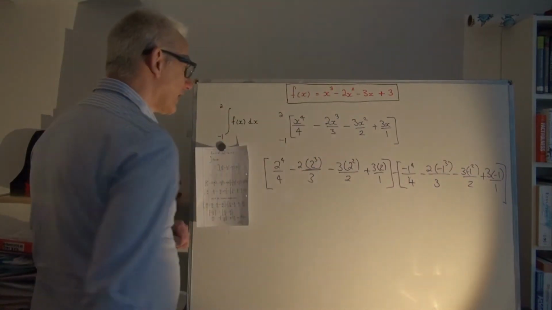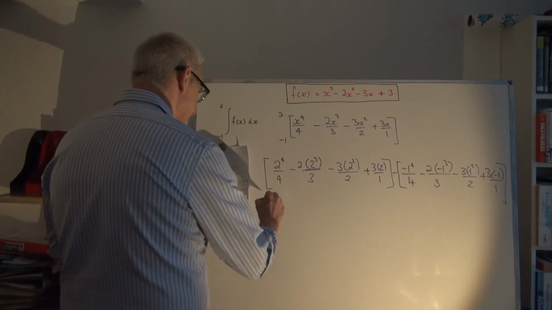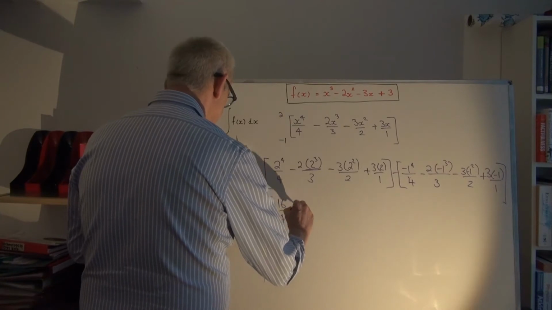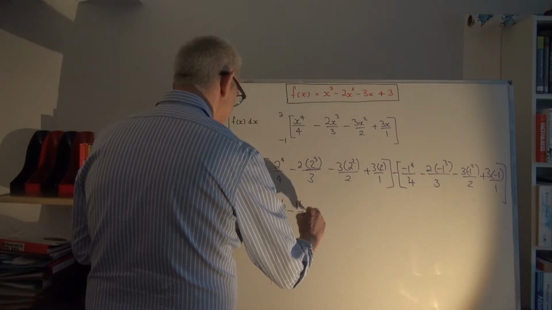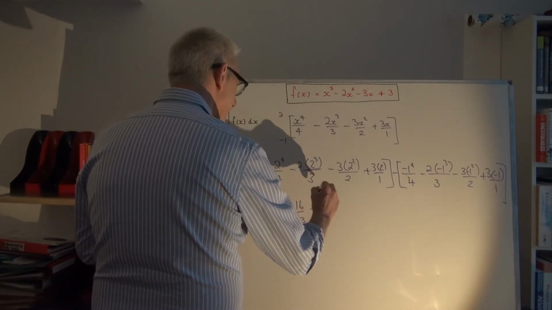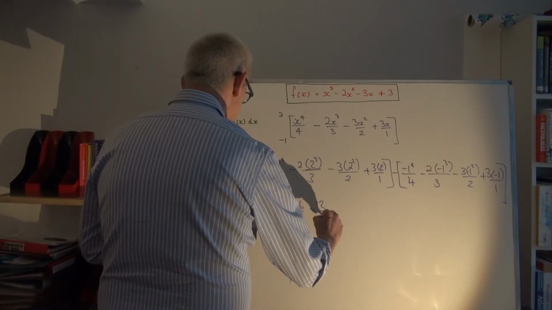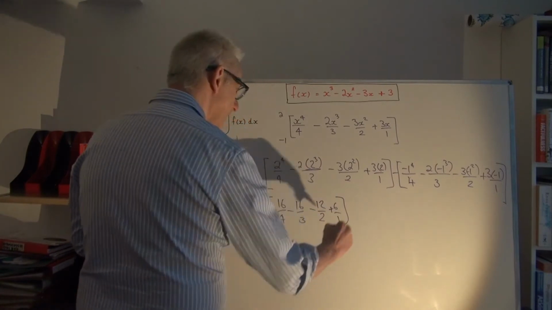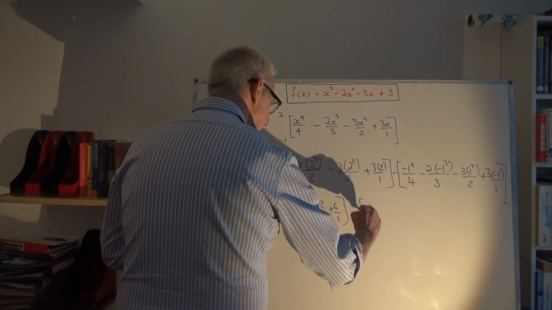We now work out those numbers. 16 divided by 4 minus 16 divided by 3 minus 12 over 2 plus 6 over 1, minus what's in there.